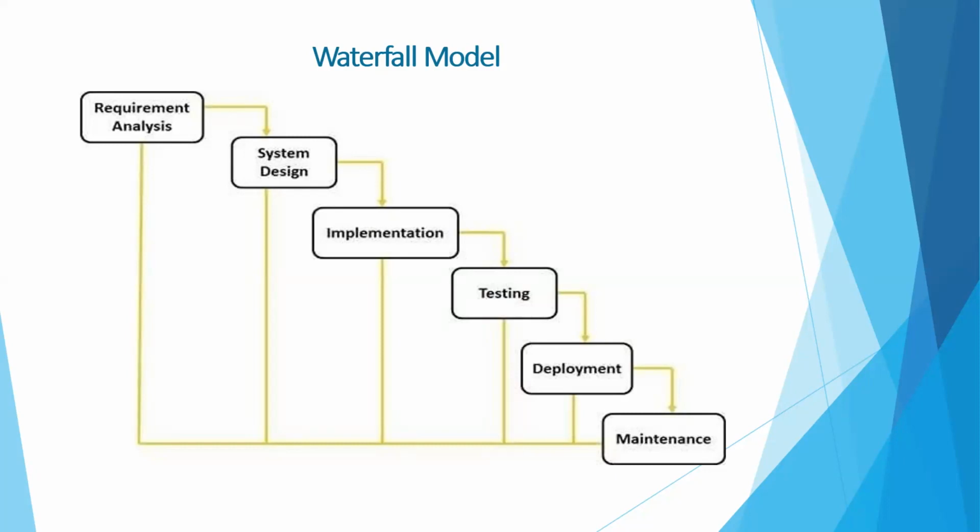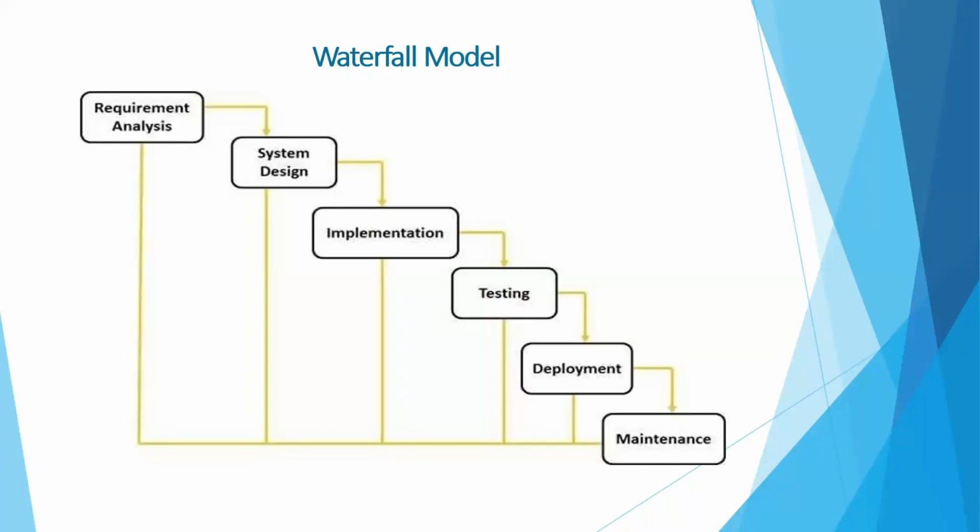So there are different advantages and disadvantages for this waterfall model. When we talk about advantages, each phase must be completed before the next phase, development, begins. It is suitable for small projects where requirements are very few or well defined, and quality assurance testing should be performed before completion of each stage.